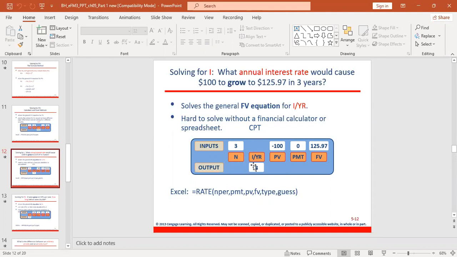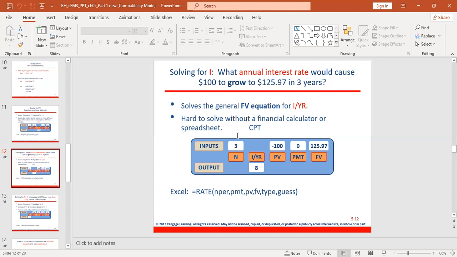So try to see whether you can get this 8. Can you get this 8? Remember to press second function, clear time value of money, very important.